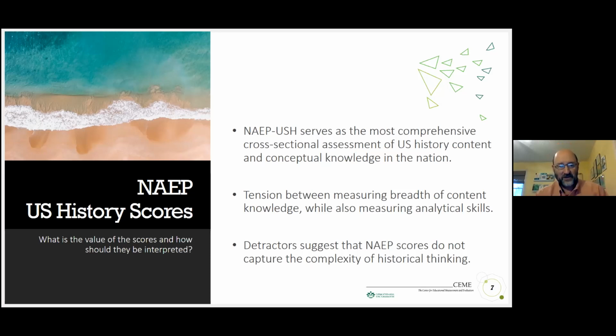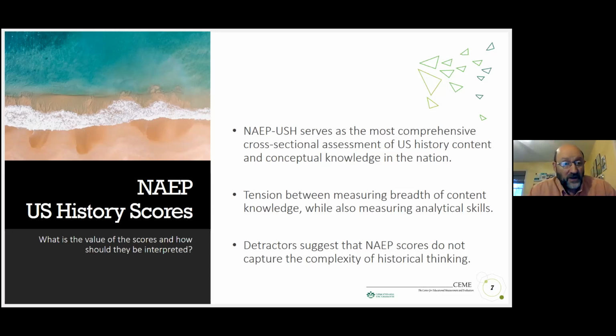However, there are some tensions that are worth a little bit of attention right now. There's a tension between trying to measure the breadth of content knowledge that the student has gained against, are we really measuring their analytical skills or their historical skills that are higher order thinking related to the content. So there's a tension to that.